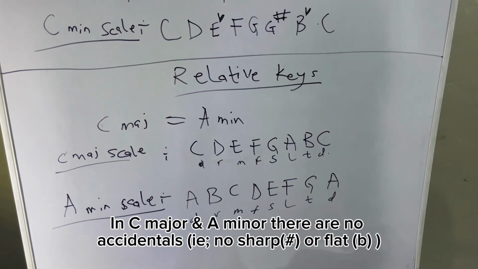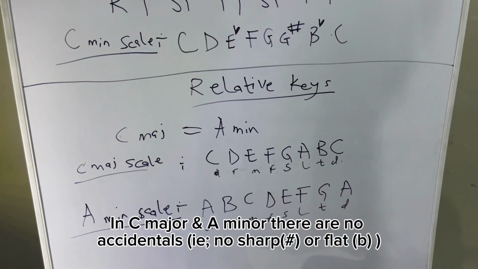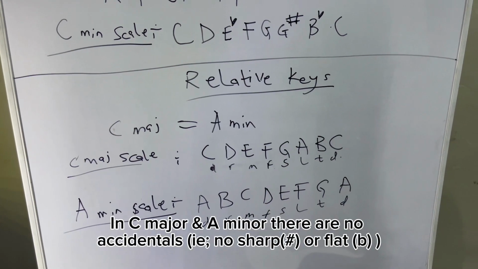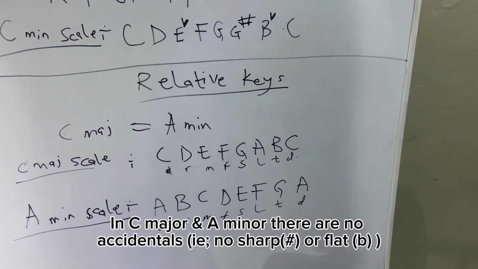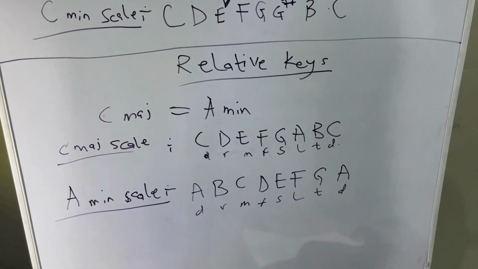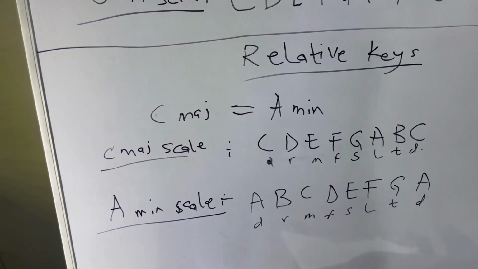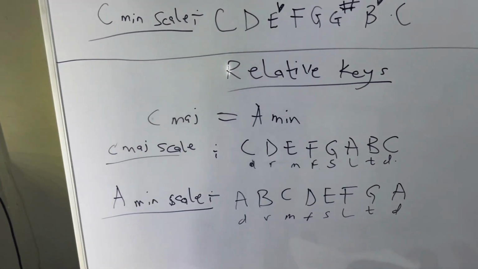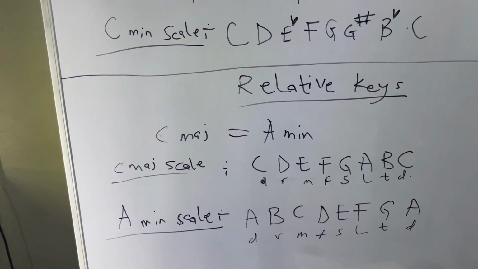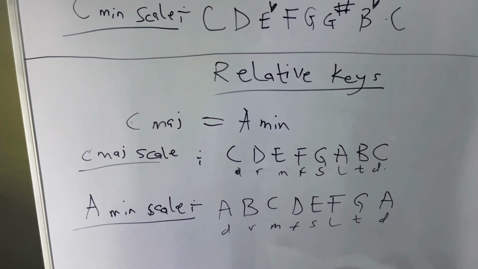Here in C major and A minor, they don't have accidentals. That relationship is very important, because if you know that these keys are related, you wouldn't play wrong notes.